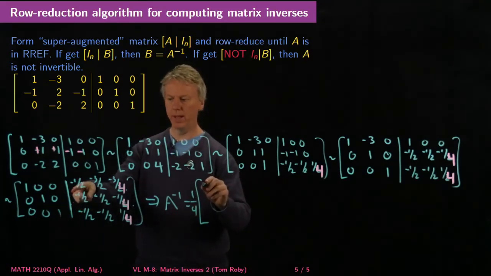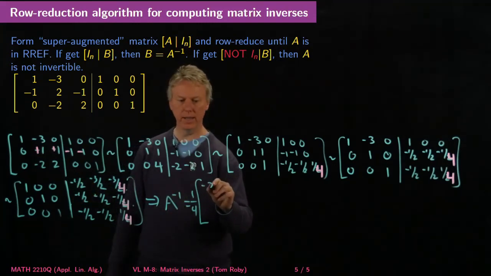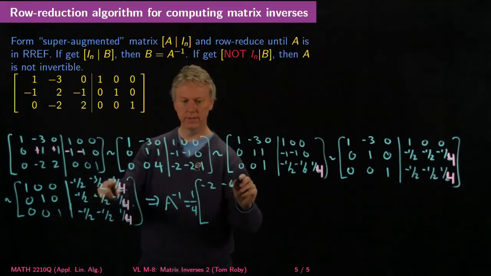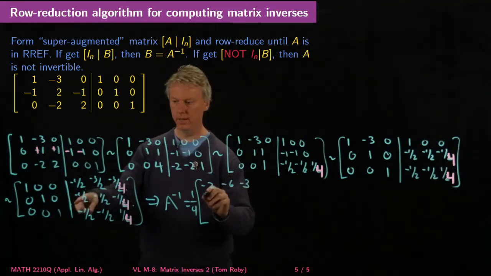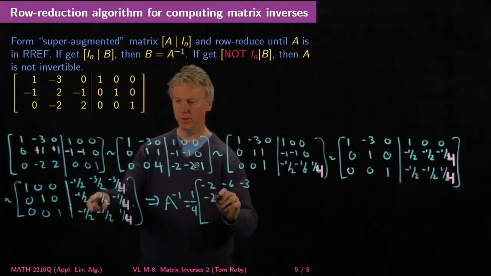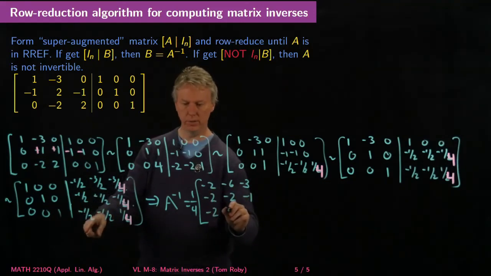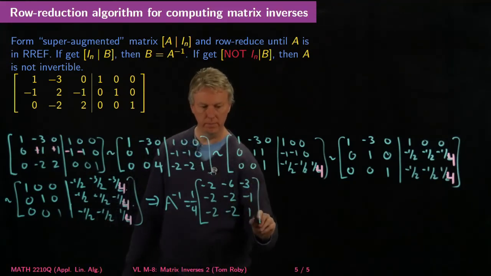So if I multiply every entry in here by 4, because I'm factoring out a 4th, I'll get -2, -6, -3, -2, -2, -1, -2, -2, 1. Okay?